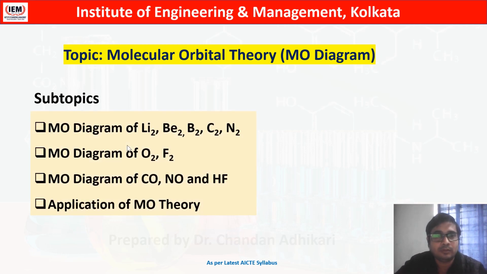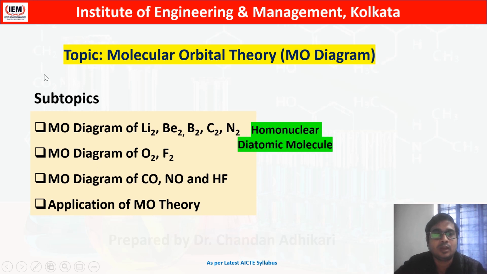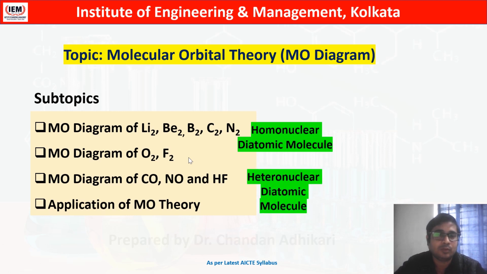So, we will basically discuss the MO diagram of a few homonuclear molecules. Homonuclear means both the atoms are the same, and we will also discuss a few of the heteronuclear diatomic molecules where the two atoms are different.